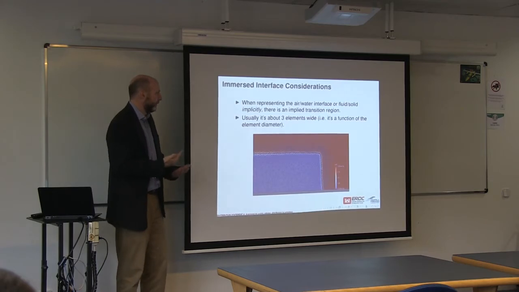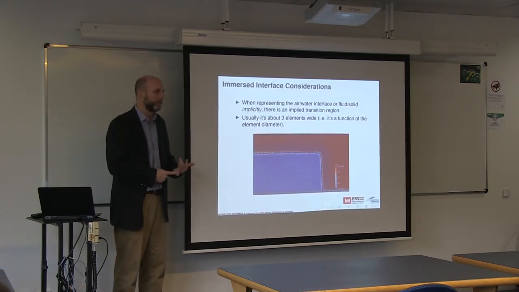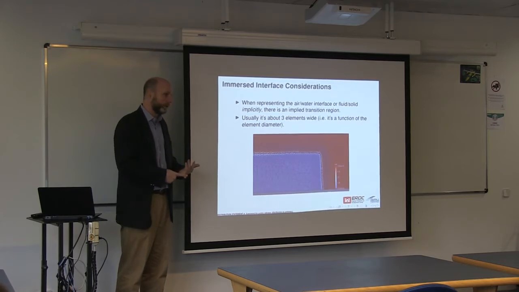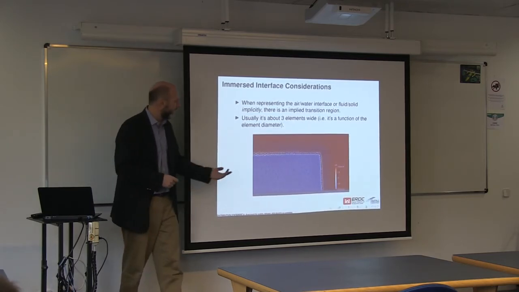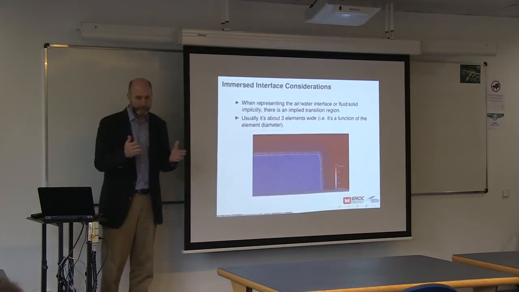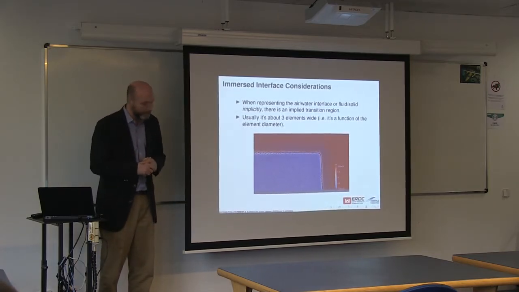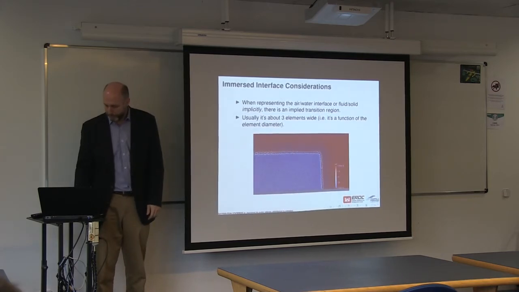You're still going to need to do some type of refinement near the interface to get accurate computations of fundamental quantities like drag and lift. And so you do require, in some sense, a smearing of the interface, and if you want that smearing to not have a large physical effect, then you need to do refinement around the interface.